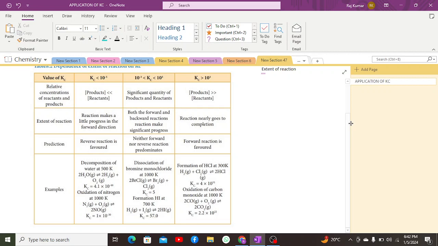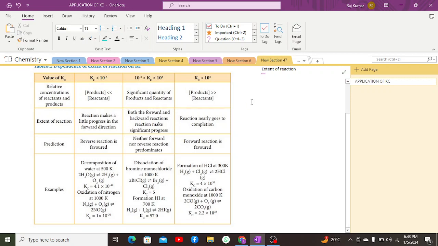Examples are hydrogen and chlorine forming HCl at 300 Kelvin, where Kc is 4 into 10 to the power 31, and the oxidation of carbon monoxide, in which the equilibrium constant is 2.2 into 10 to the power 22.